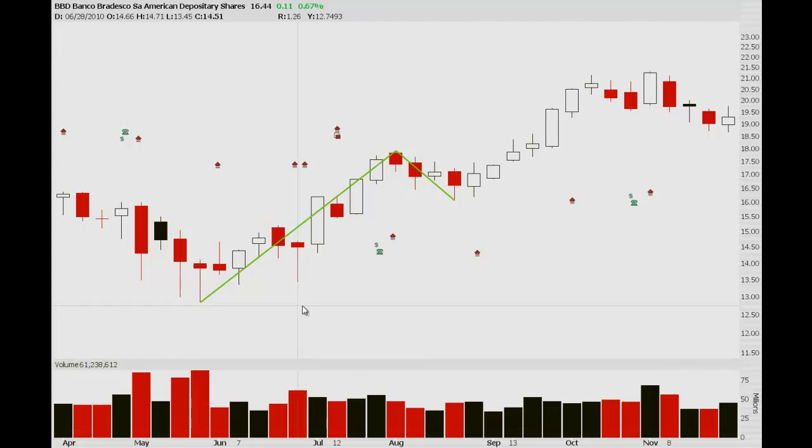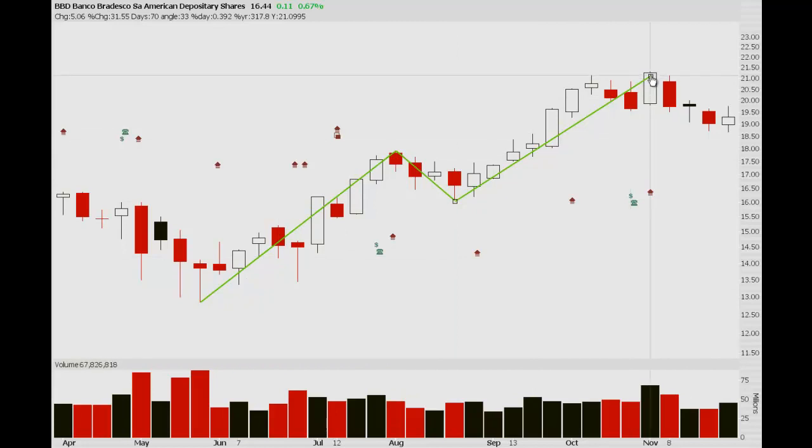Our bullish example is BBD. We're looking at a weekly chart, mid-2011, and you can see that BBD had broken out. We had a nice little pullback, and then a run. If I duplicate this run and tack it on here, you can see that we had a one-to-one symmetrical move.